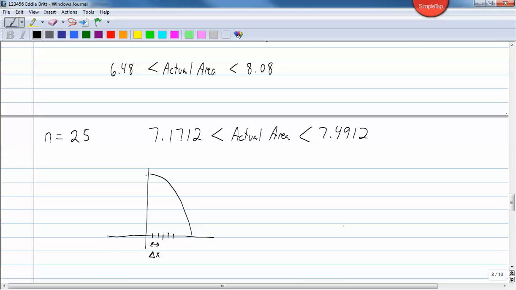This would be our change in y. You know, our y's are changing as our x's are changing, but we really were saying that was like f of some x.